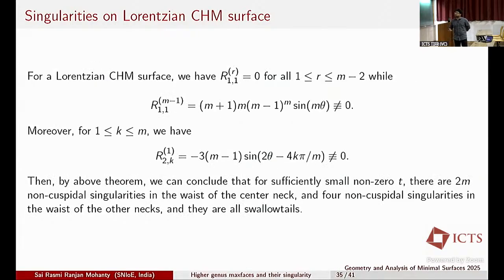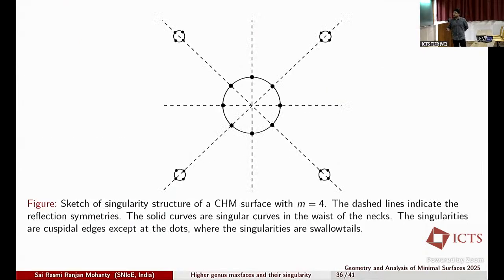Similarly, for the Costa-Hoffman mixed surface, this is the expression for the center neck, and this is the expression for the second level neck. Pictorially, we can conclude that this is the center neck, and for M equal to 4, we have 8 swallowtail singularities, because 2 times M. The dotted marks are the swallowtail singularities, which are evenly distributed when t tends to 0.